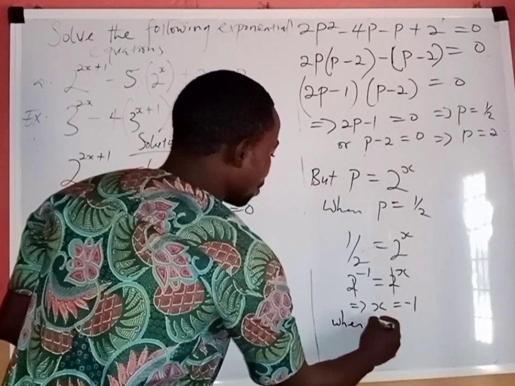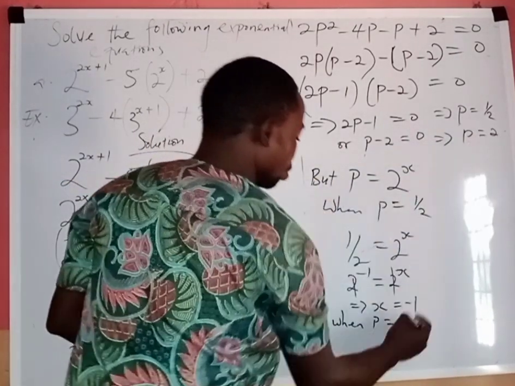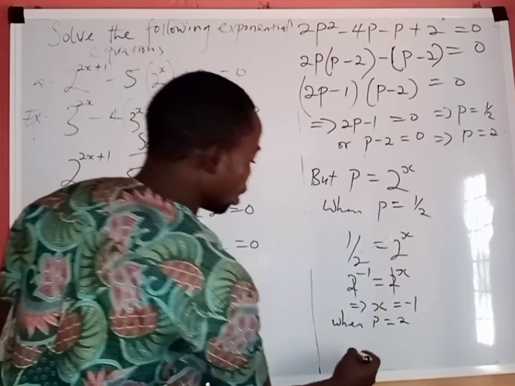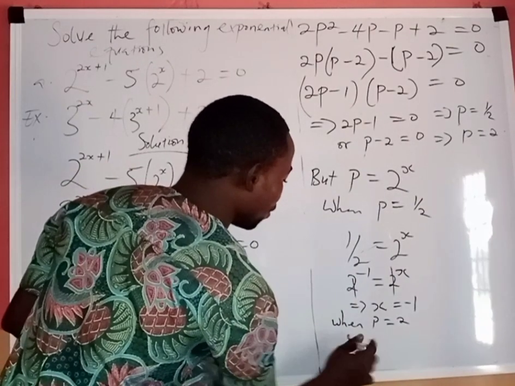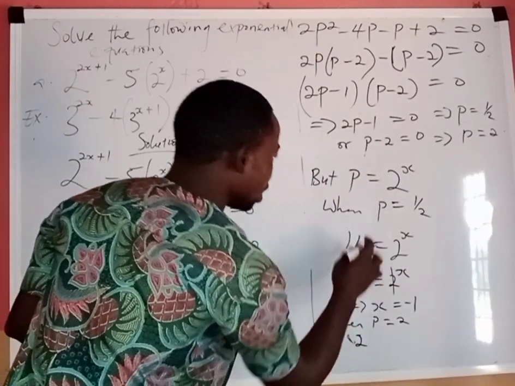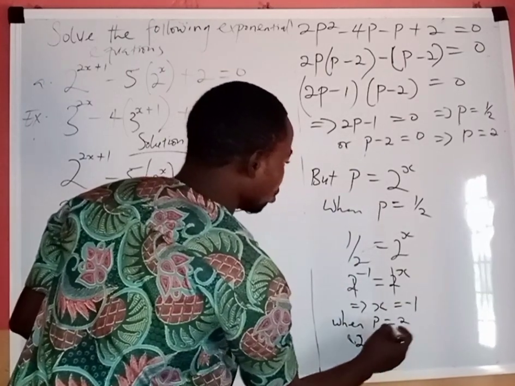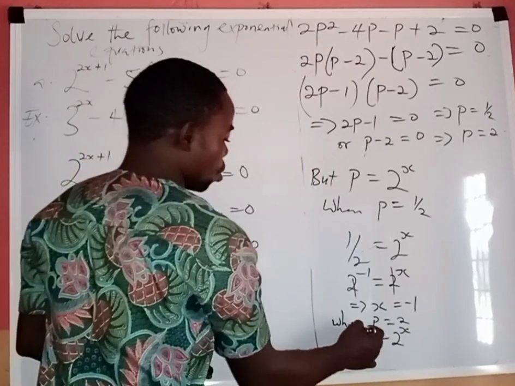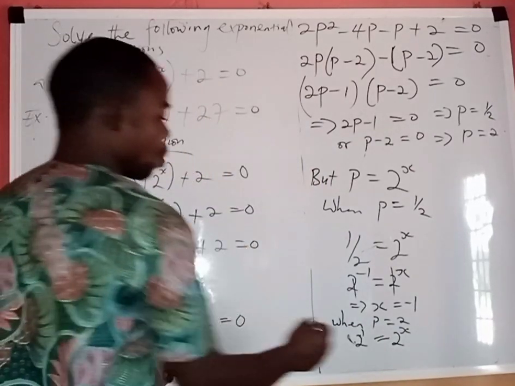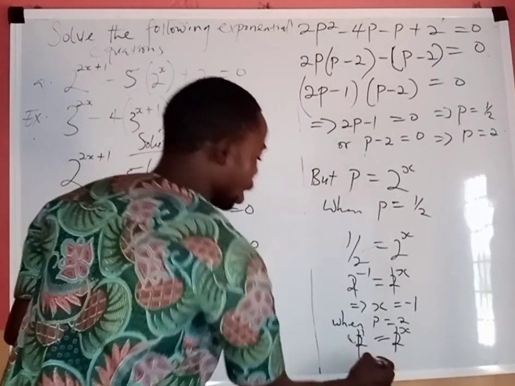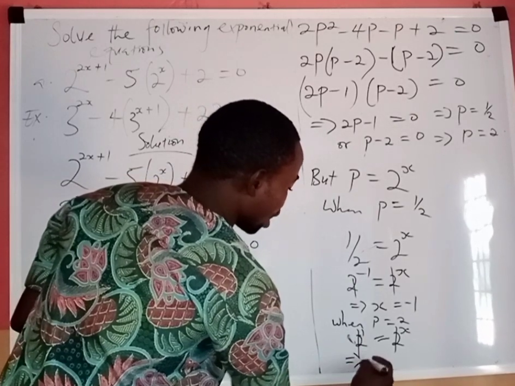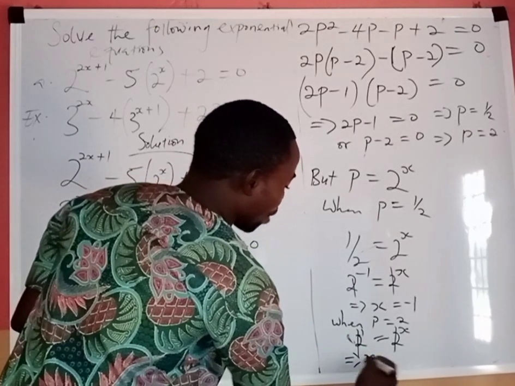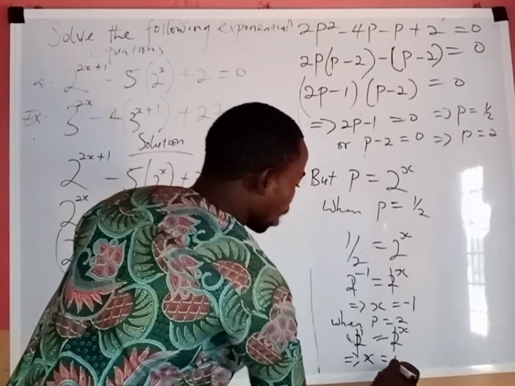So we check the other one. When our p is equal to 2, we have 2, which is our p, equal to 2 raised to power x. These two can also be written as 2 raised to power 1. They have the same base, so we can cancel them, and this implies that our x is equal to 1.